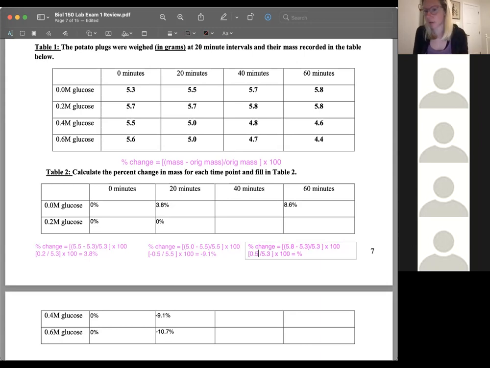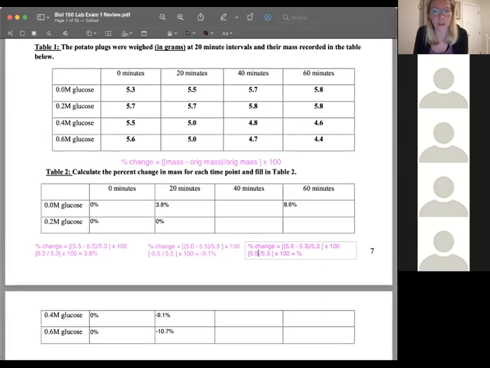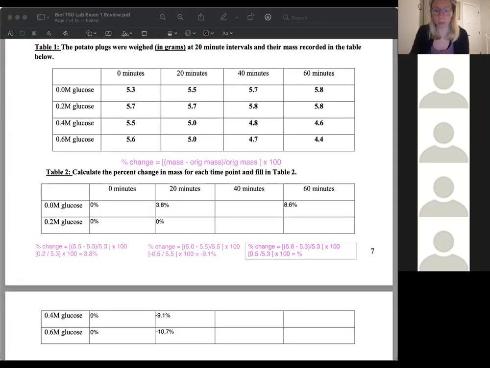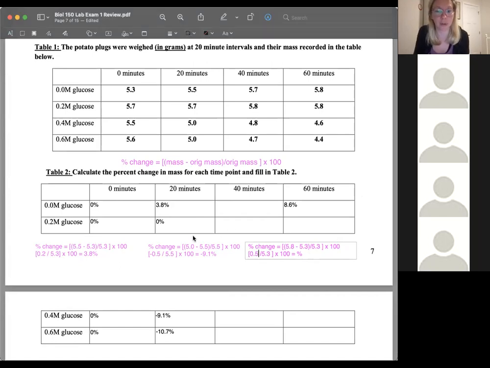Oh man, did I enter it in the calculator wrong? It's possible. Oh, yeah, now I got 9.4. I don't know what I did before. I must have hit a wrong button somewhere. Okay, yes, so that is going to equal 9.4.